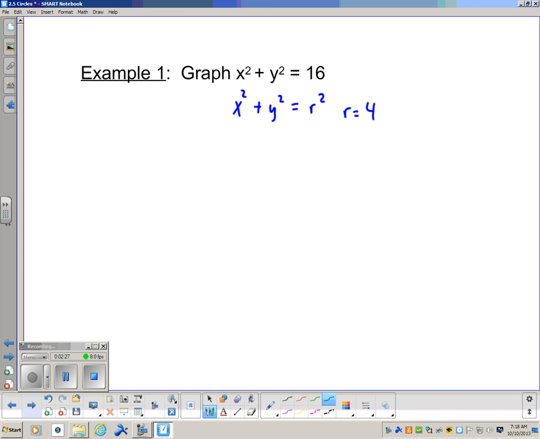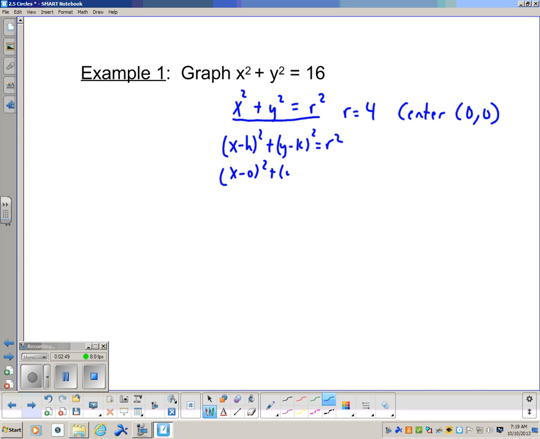Because nothing is being subtracted, I'm just having x squared plus y squared equals r squared, so I'm thinking the center of my circle is (0, 0). Of course, you could write it with h and k and plug them in, so you can see them as well. So my radius is 4 and my center is (0, 0).